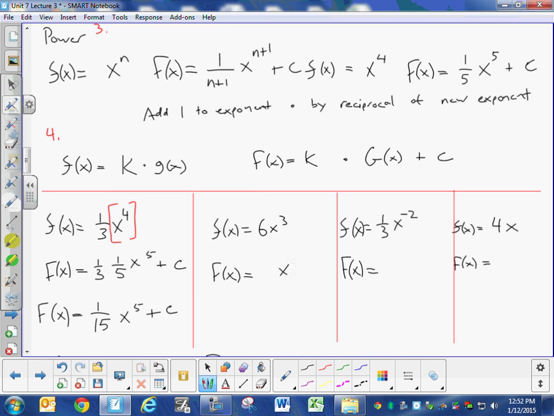Okay, add 1, multiply by 1/4. That's 6 times 1/4 plus C. So that's 3/2 x to the 4th plus C.